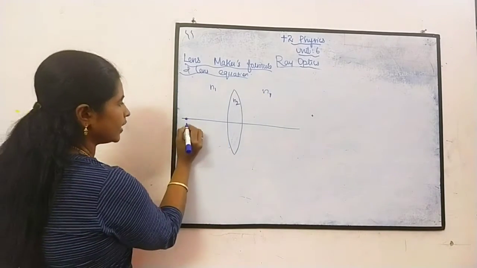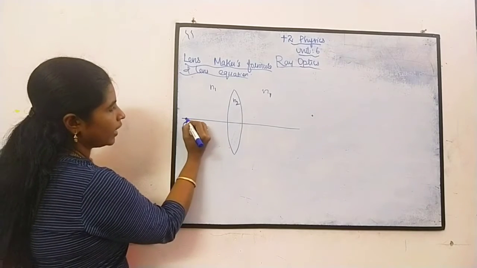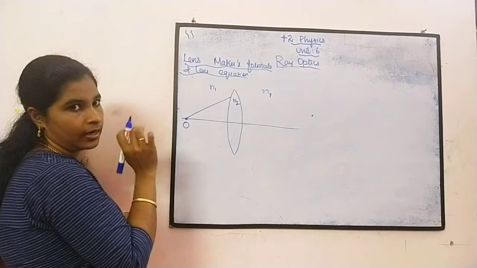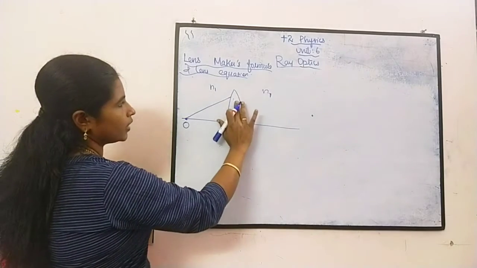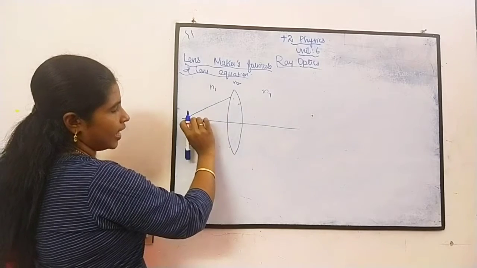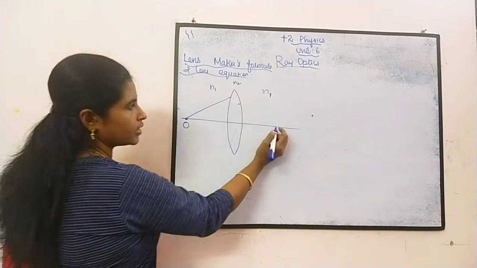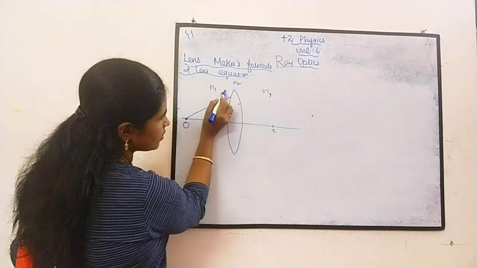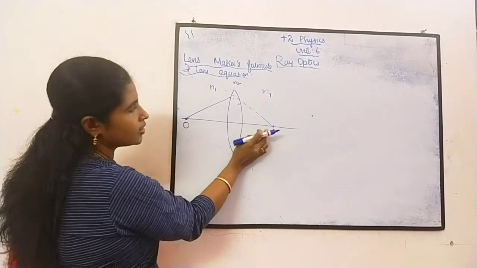Consider here there is an object. The light ray from the object is incident on this lens. Whenever light travels from a rarer to a denser medium, suppose this is the center of curvature, and I know that this is the normal.